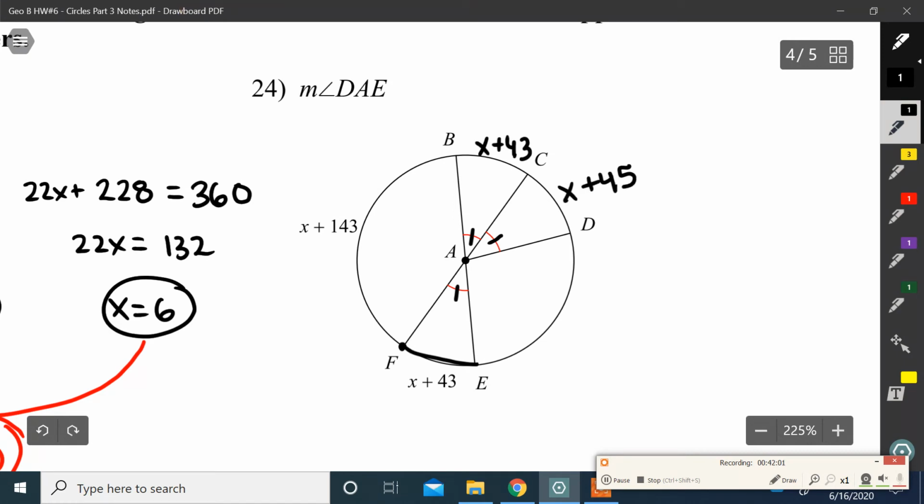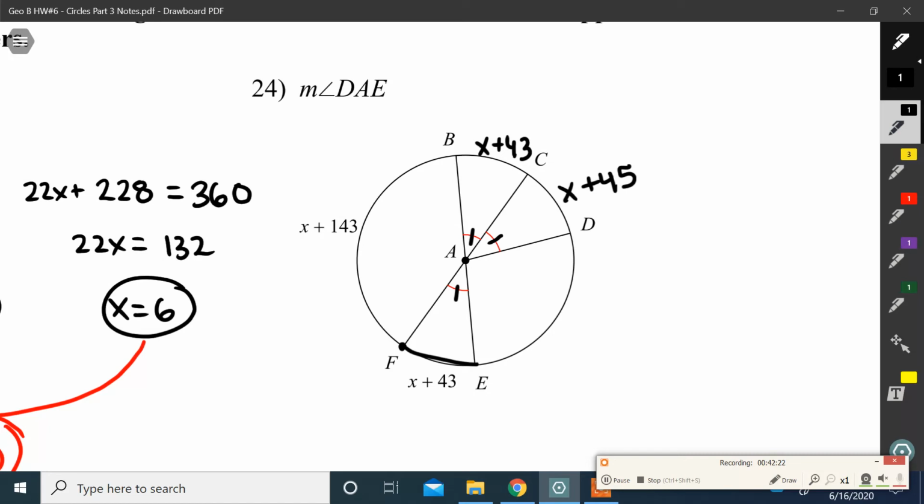But do we need that to solve for x? Let me think about that. Okay, we don't necessarily, but we do have to figure out what x is, guys.